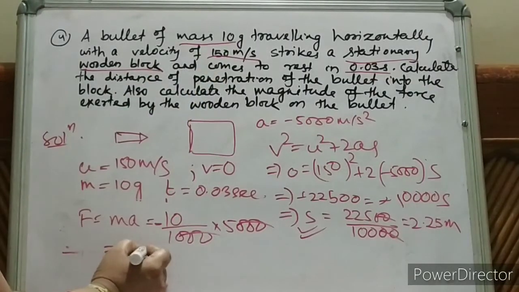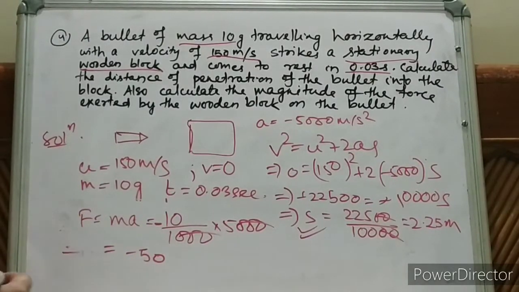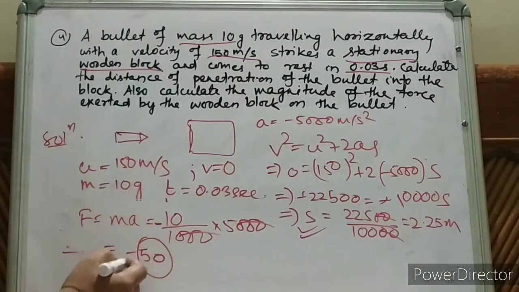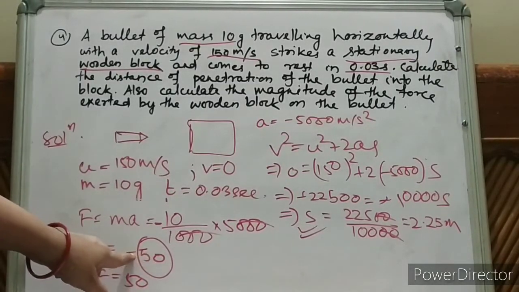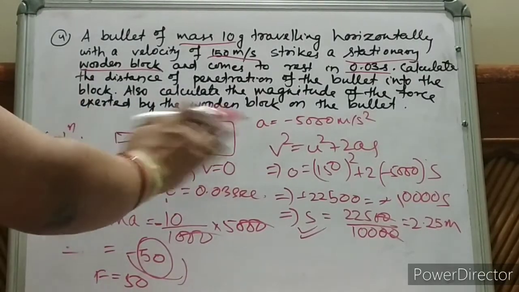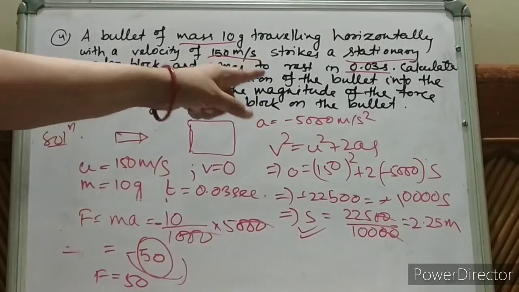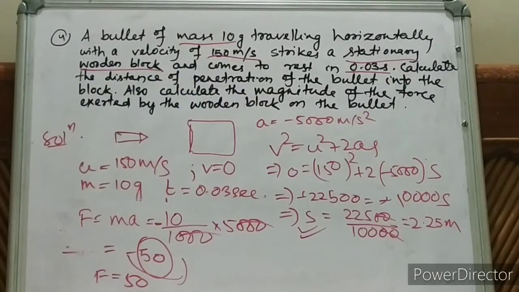Minus 50 Newton. Is it clear? Why minus 50? Why this minus sign? So magnitude of the force is 50. This minus sign is because of the opposite direction. Equal and opposite direction will be there. So here the magnitude of the force will be 50.